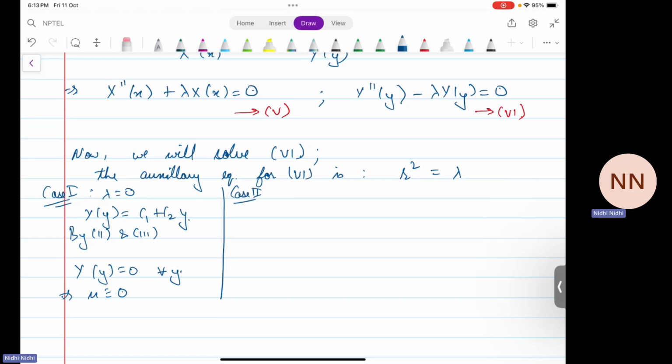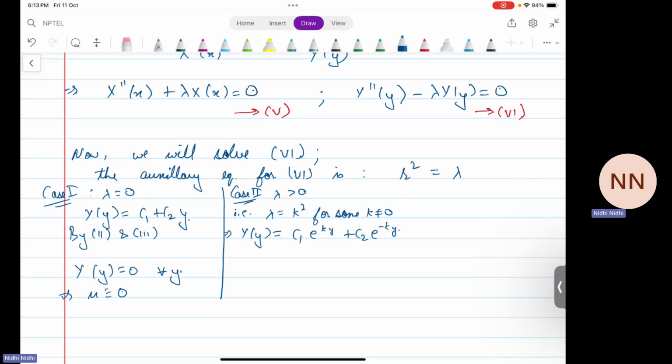The second case will be when lambda is positive. In that case, we can write lambda equals k square for some non-zero k. That will give us y is equal to c1 e to the power ky plus c2 e to the power minus ky.